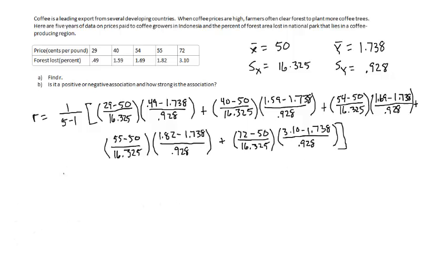So we'll simplify. R is equal to 1/4 times, if we multiply the first two terms together, we end up with 1.7299, plus the second set of data.